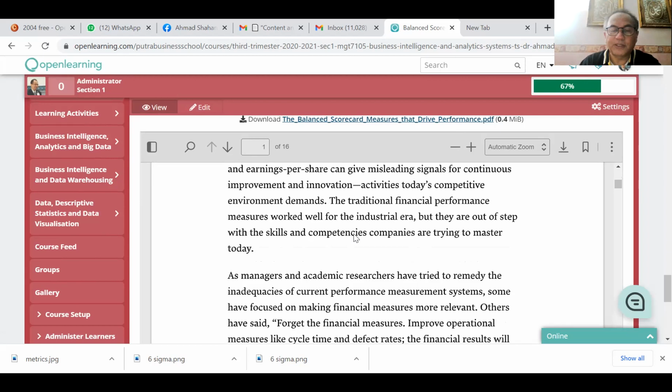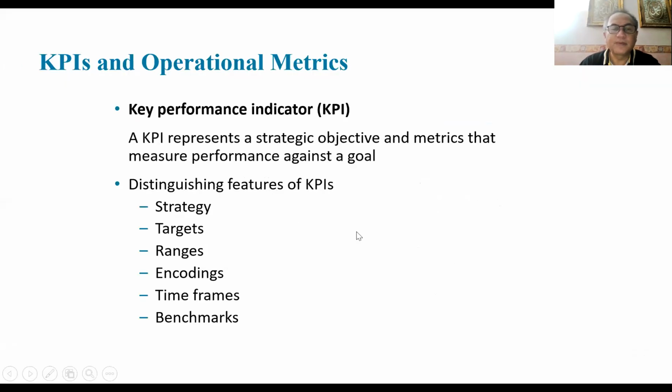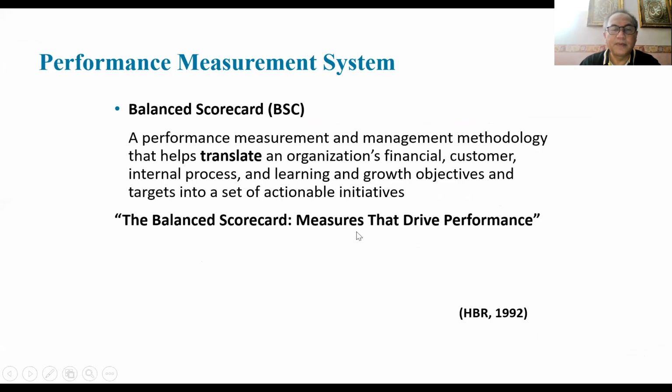The balanced scorecard is developed by Kaplan and Norton. It is a performance measurement and management technology that translates an organization's financial, customer, internal process, and learning and growth objectives and targets into a set of actionable initiatives.